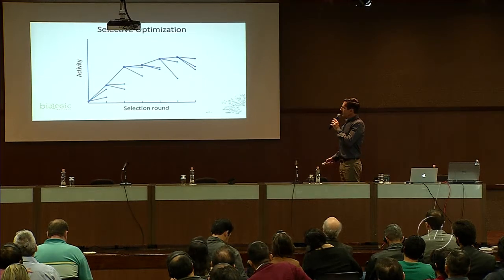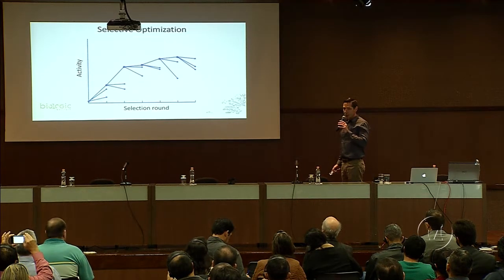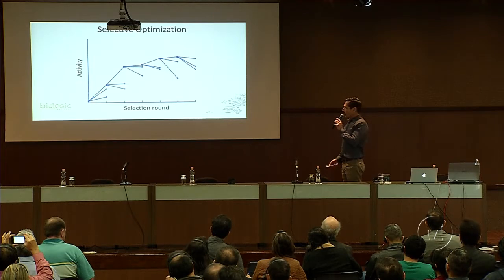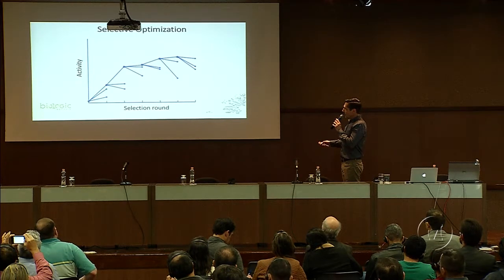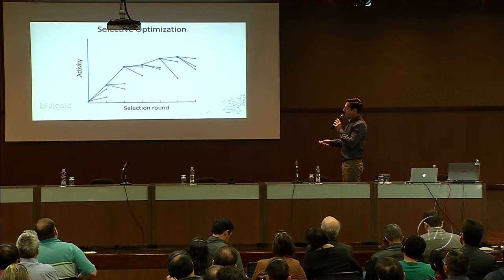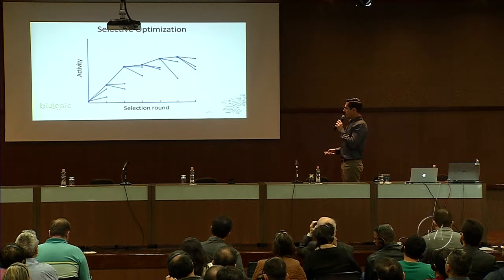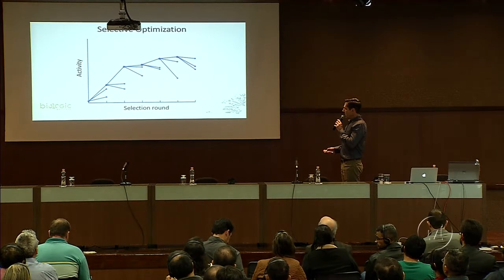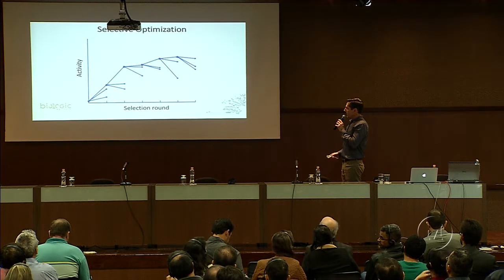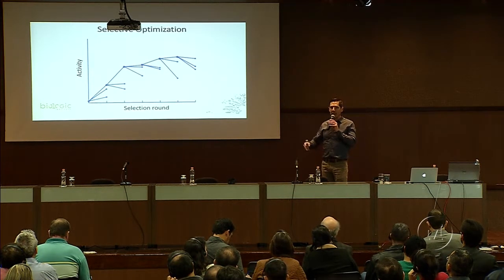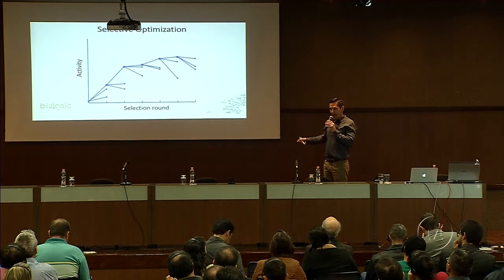If you have something like a gene that performs a function, so on the vertical axis here, we have activity, degree of function, and on the x-axis, we have selection round, meaning the stage of selection.